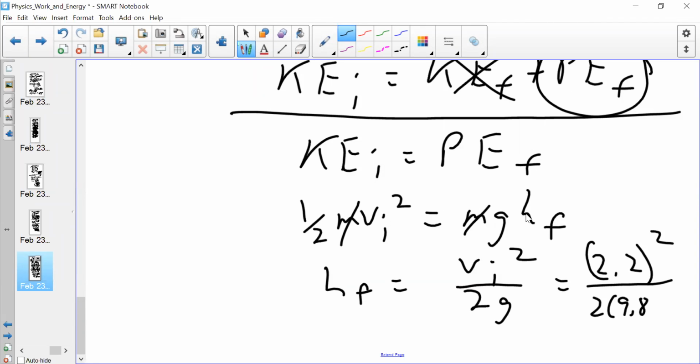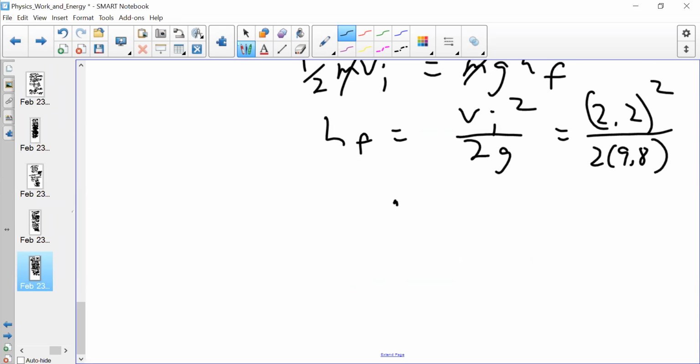Because vi squared here, and we're just dividing by g, and we're solving for hf. Okay, and then that'll be our answer there. So he leaps over the bar by like 0.25 meters.